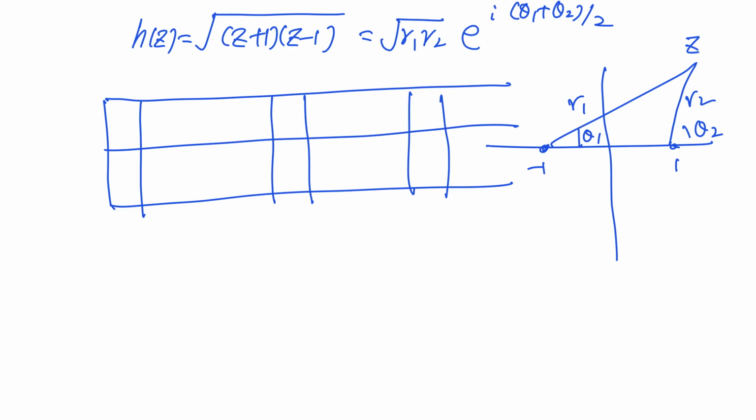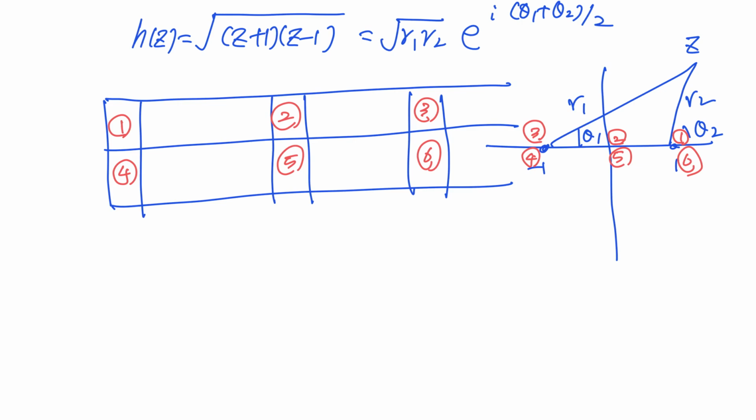We have points 1, 2, 3, 4, 5, 6. So what about half angle? Points 1, 2, 3, 4, 5, 6.